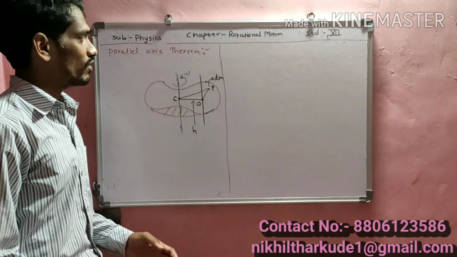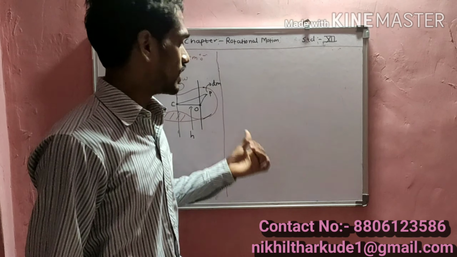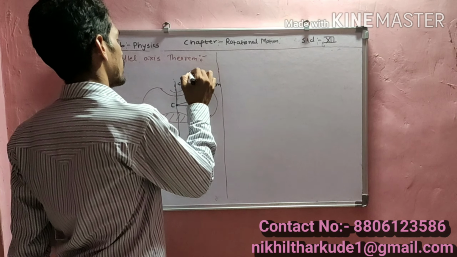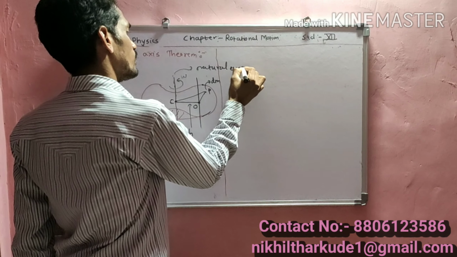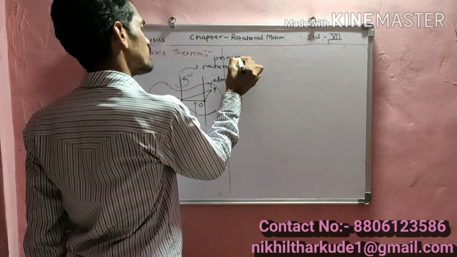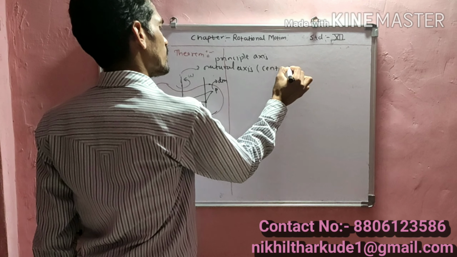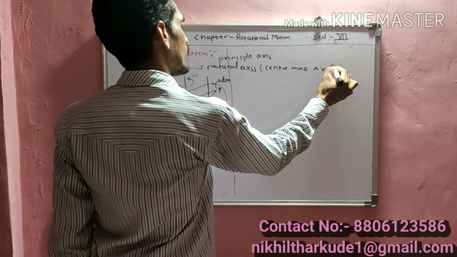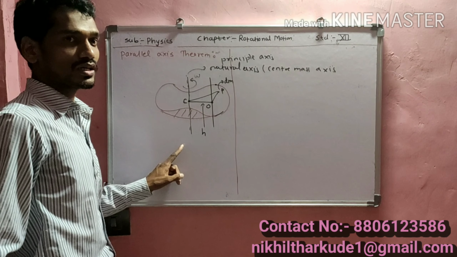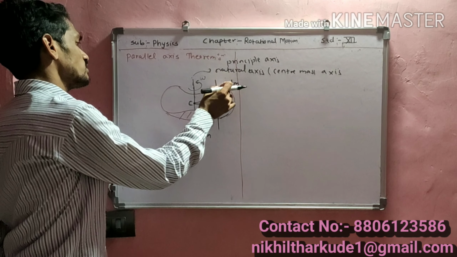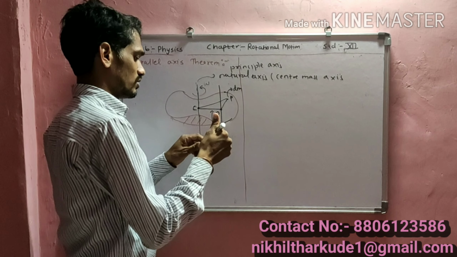If you want to find the moment of inertia about any axis which is parallel to the principal axis, which we call the natural axis or the center of mass axis. This is our laminar body and this is the center of mass axis, and this is the axis which is parallel to the principal axis. Both are parallel in this fashion.